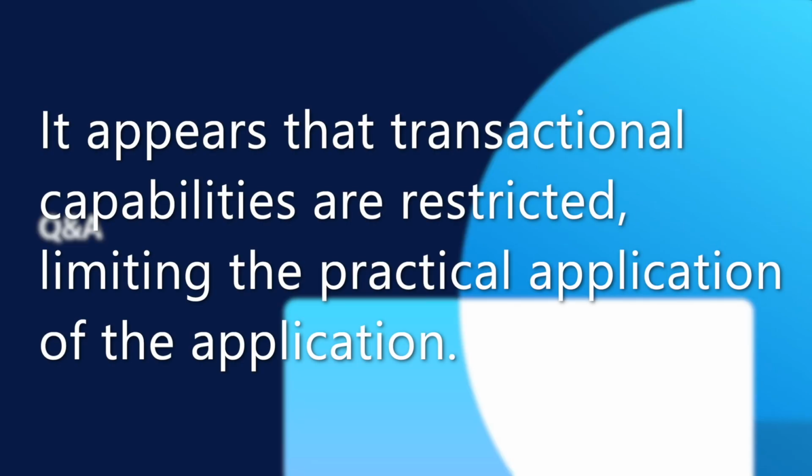And then it says, it appears that transactional capabilities are restricted, limiting the practical application of the app. Yes, that is correct. This is the first step towards that. Currently, it only has inventory on hand viewing or querying capability, but we are definitely capturing the feedback you are providing on what capabilities you would like to see, like inventory adjustment or inventory movement.